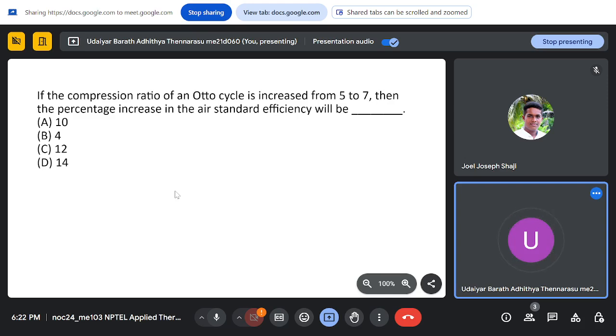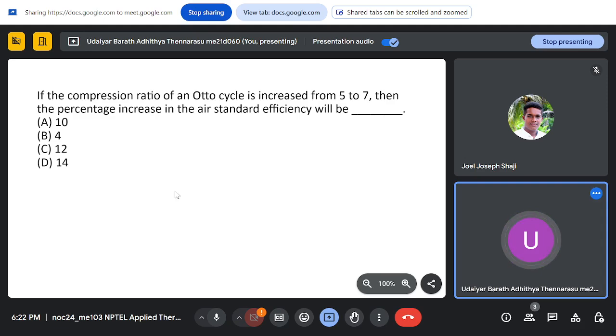The next is, if the compression ratio of an Otto cycle is increased from 5 to 7, then the percentage increase in air standard efficiency will be dash. So we are increasing the compression ratio of the Otto cycle from 5 to 7. This is easier.